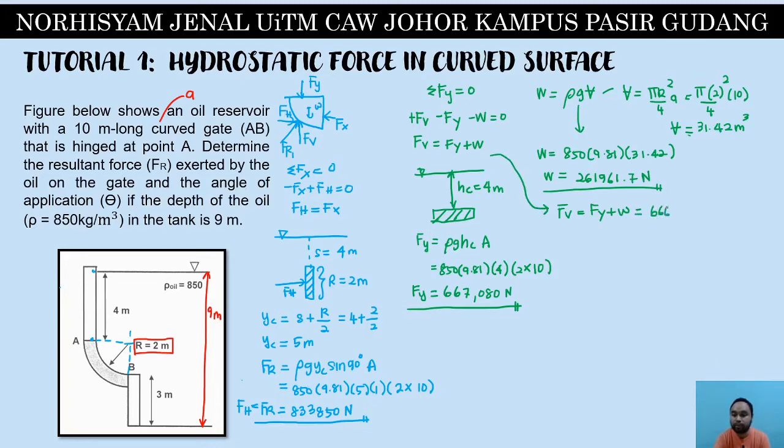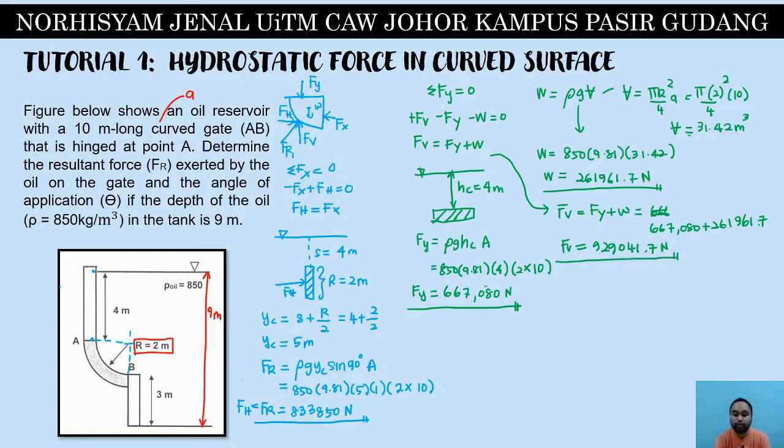So equals to 667,080 plus 261,961.7. So Fv should equal to 929,041.7 Newton.